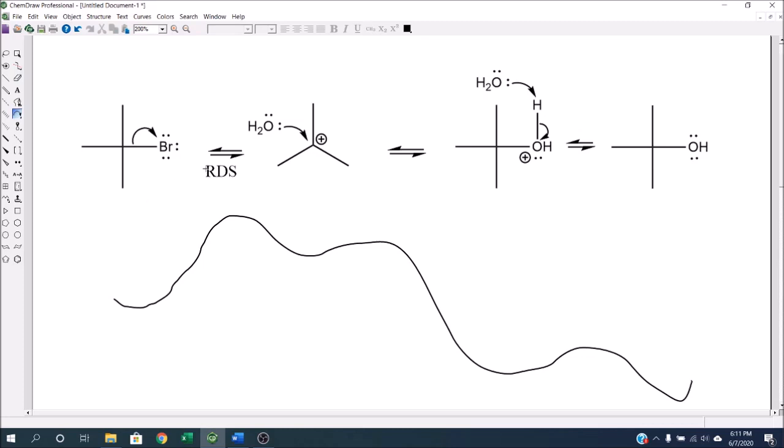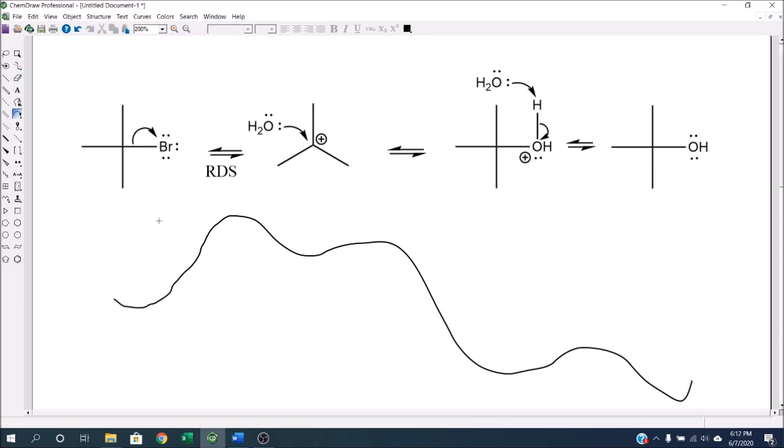So this right here represents the reverse of the DUI table, where we started off with a tertiary alcohol and turned it into an alkyl bromide. Here we're starting off with an alkyl bromide and turning it into a tertiary alcohol. This solvolysis reaction is mechanistically, well, it's close enough, let's just say it's identical.